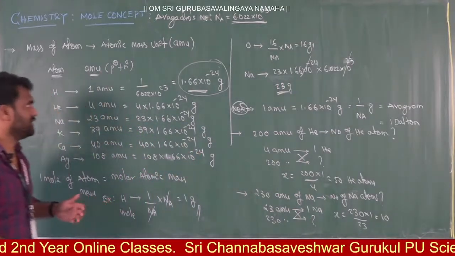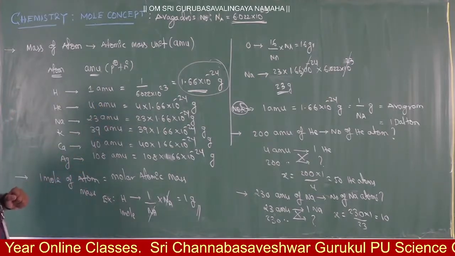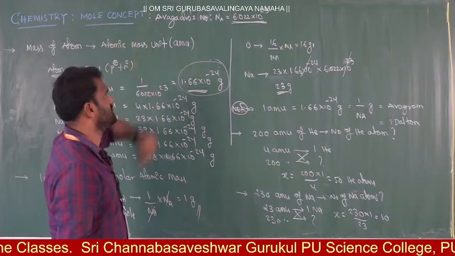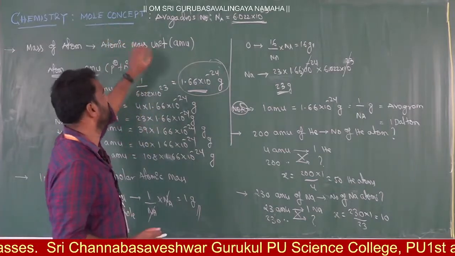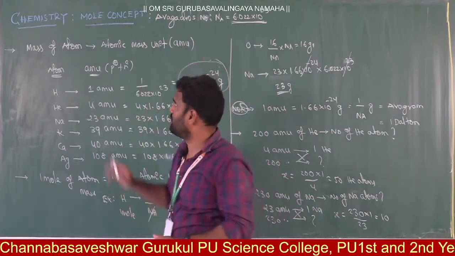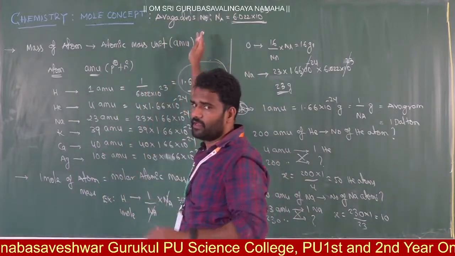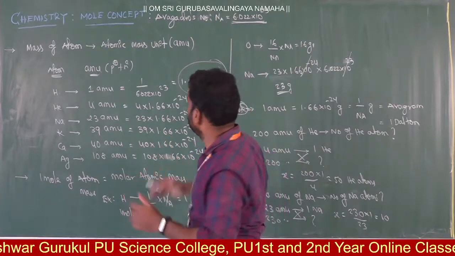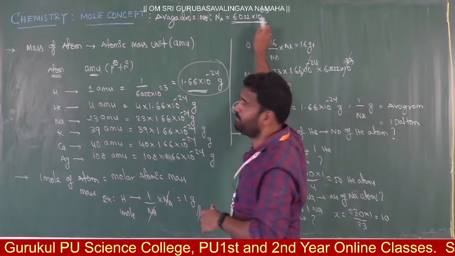First, once again, let me explain before applying the mole concept. This concept was proposed by the scientist Avogadro. According to Avogadro, 1 mole of any substance will have this many particles.